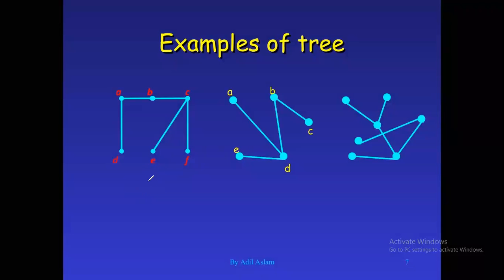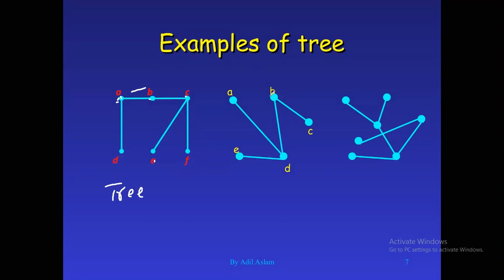I have to check. Next is there a path between every pair of vertices, that you have to check. Is there any closed loop, closed circuit? No. Next, you can go from any vertex to any vertex. I can go from A to C. I can go from A to E, B to F. There is a path between every pair of vertices. Therefore, it is a tree.